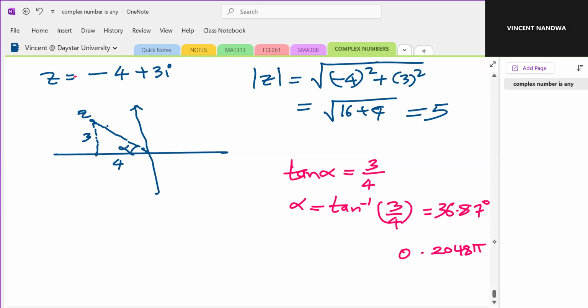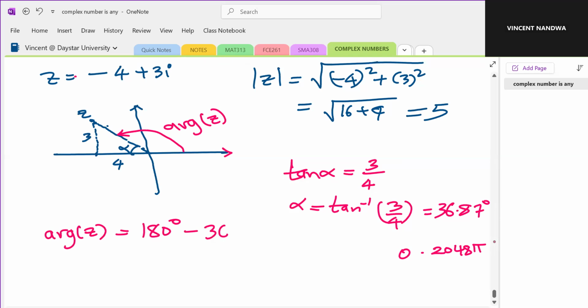Now, the required argument is this angle, not the alpha, but this angle measured from the positive real axis. So the argument in this case becomes 180 degrees minus 36.87 degrees, or you say pi minus 0.2048 pi.